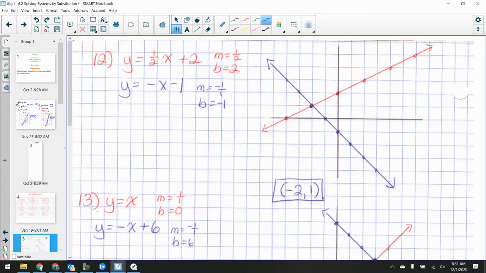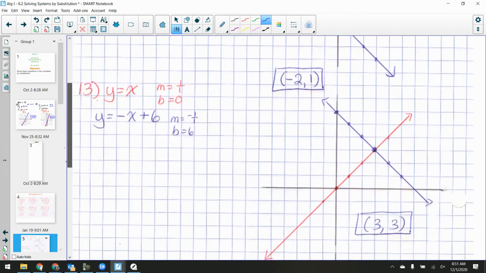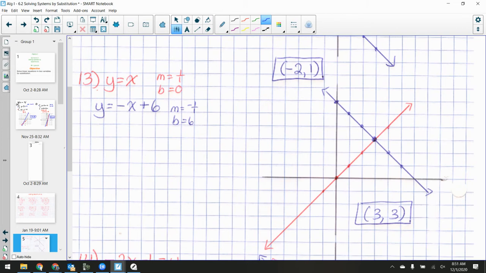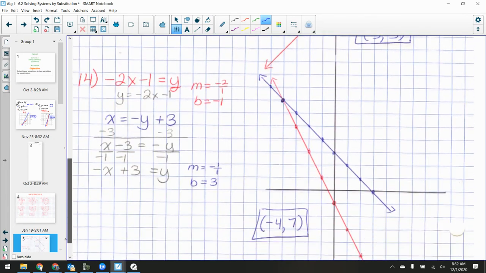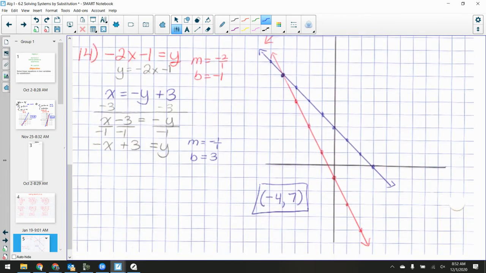So again, number 12 should be negative 2, 1. Here's number 13, should be 3, 3. Number 14 should be negative 4, 7.